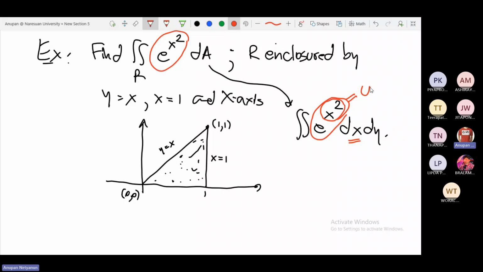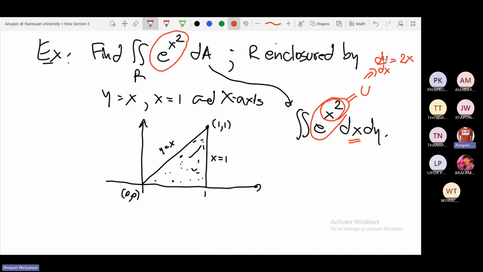But last time I told you, when is this method going to work? What is your u? You take the derivative, and it is equal to 2x.